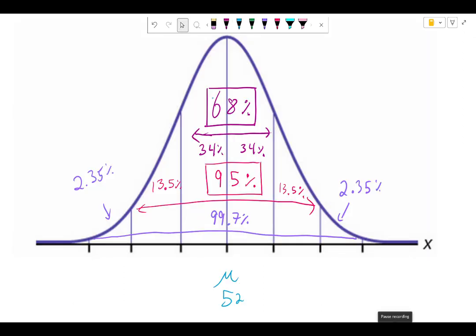So I have here a picture with the empirical rule. Again, the mean was 52 and the standard deviation was 11.